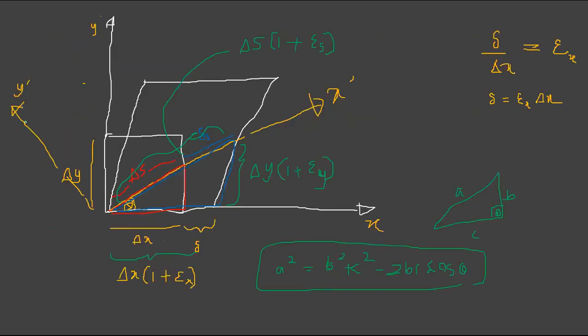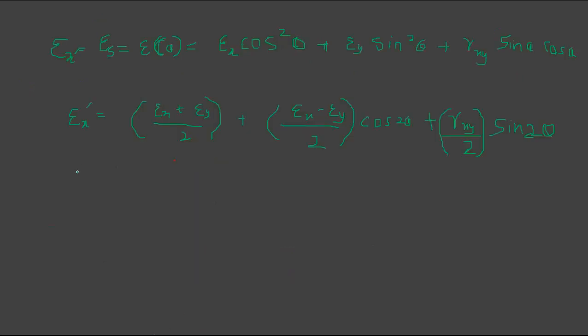So you can plug this value, right? So this is 90. Instead of theta, if you plug 90 plus theta, because this theta is measured from the positive direction of x, this will give you the strain in this y dash direction.